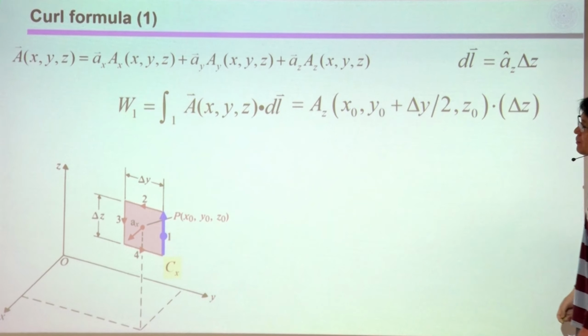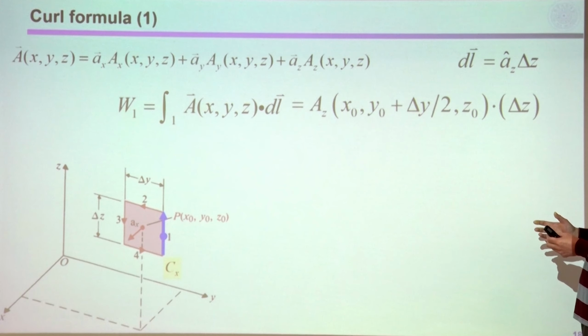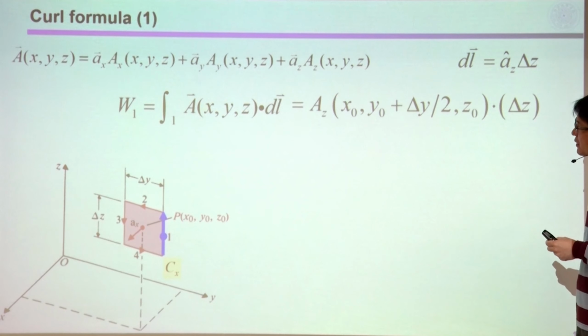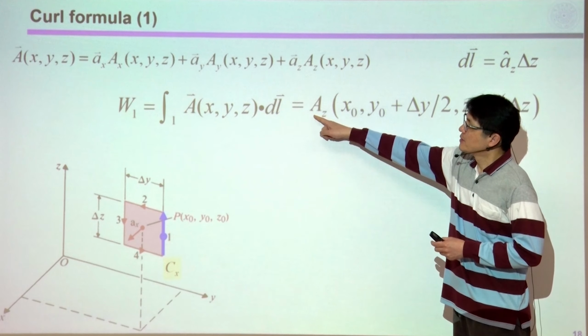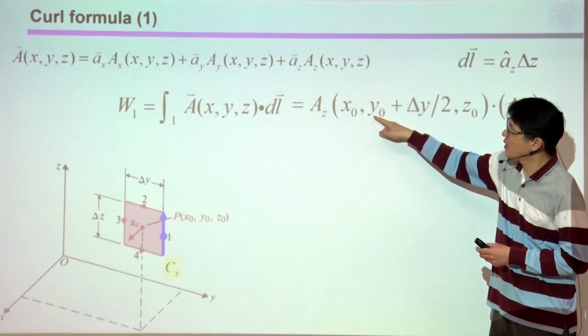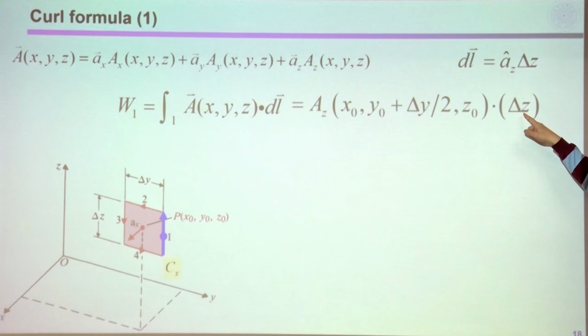So this means, essentially, what I'm trying to evaluate, the work done along segment number 1, is the Az component with its proper offset in the y direction and then multiplied by delta z.